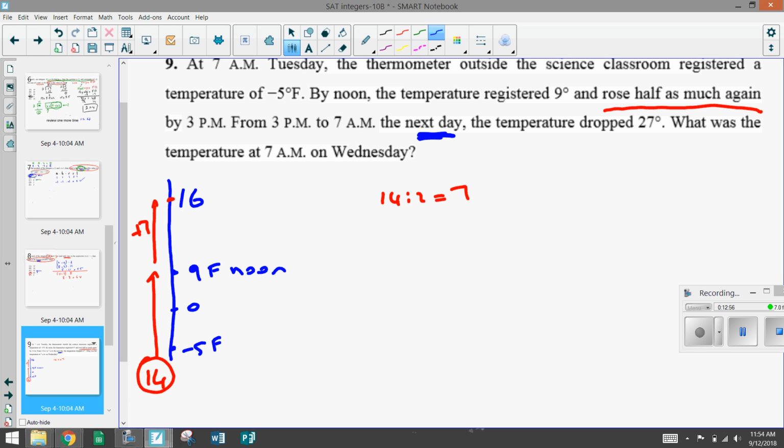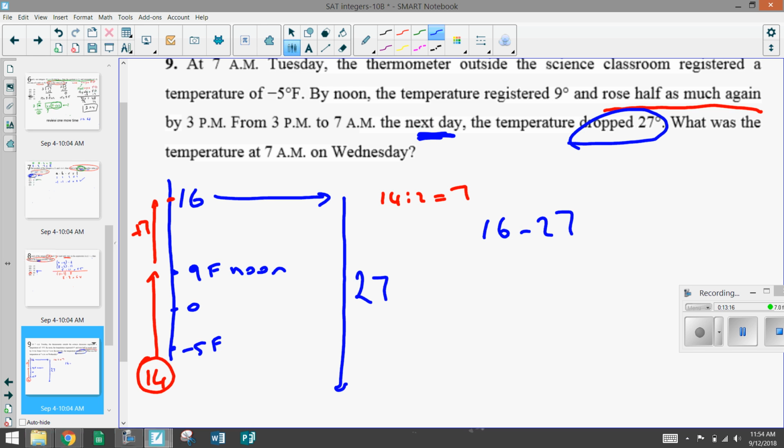Yes, that's right. So now the temperature dropped 27 degrees. It was here, right? We're here now. And then it dropped 27 degrees down. So what is the number here? That's going to pass the 0 level, right? Yeah. It's going to be below 0. So 16 minus 27 is equal to -11.